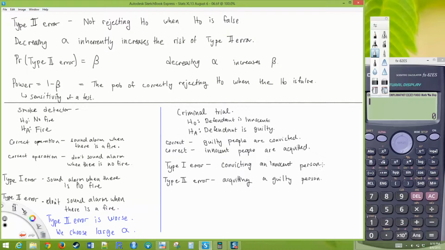Now, we don't want to make either type of mistake, but with the way our justice system is set up in the US, what would we say is the worst mistake? Convicting an innocent person, right? Which mistake is worse?